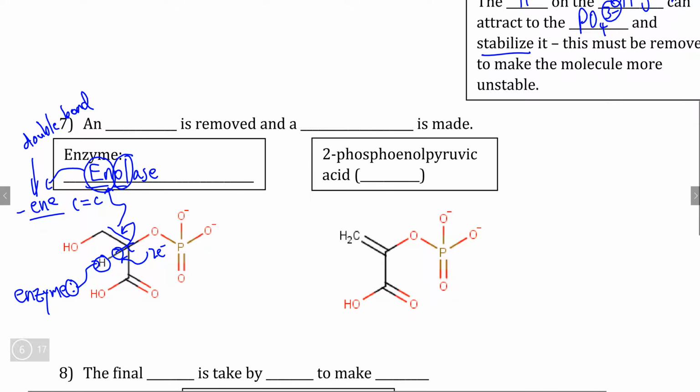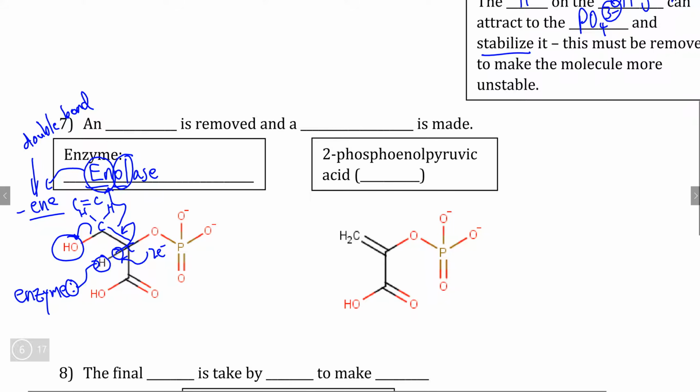And the OL tells us that we're going to be doing something with this alcohol, this OH group, because now this carbon has 5 bonds, because remember that there are 2 hydrogens here already, and when we put this double bond here that used to be attached to this hydrogen here, now this carbon has 5 bonds, and the OL in enolase tells us that the alcohol, the OH group, is going to be broken off.